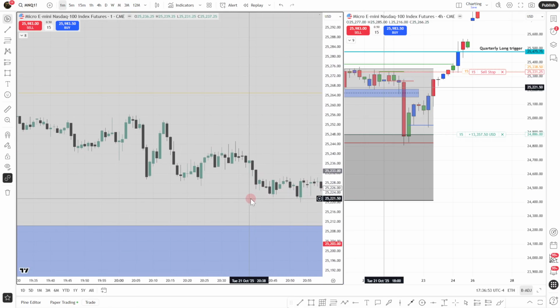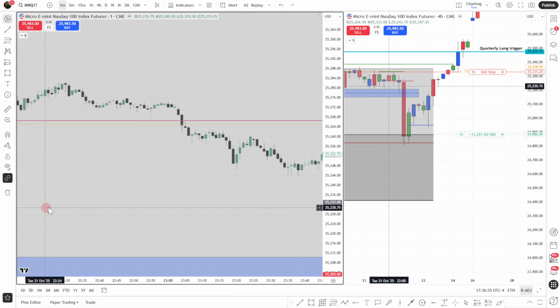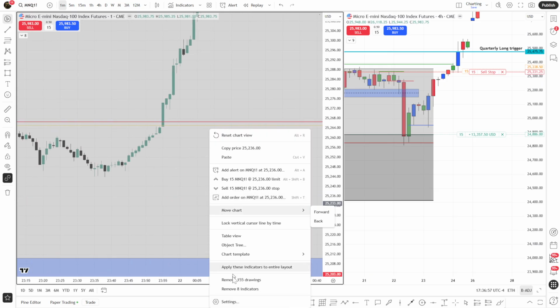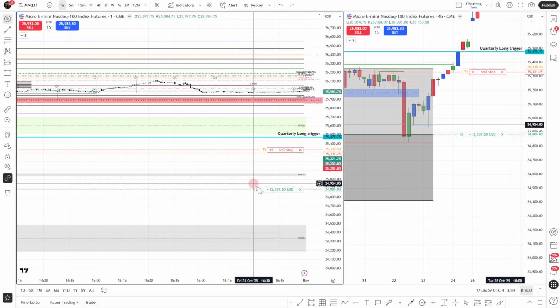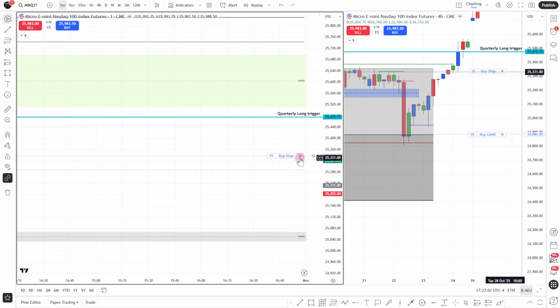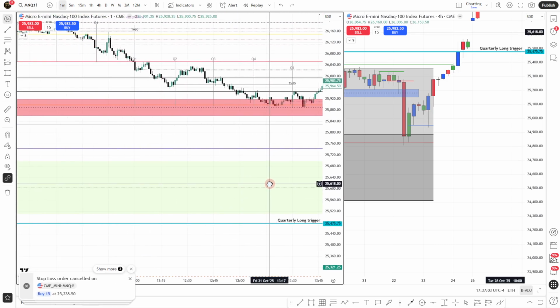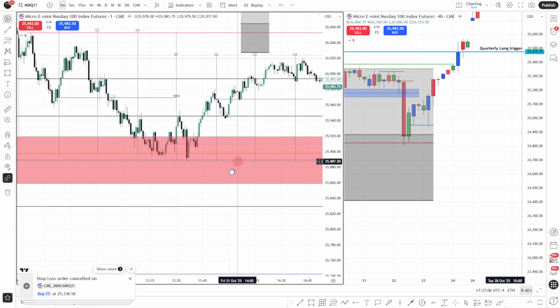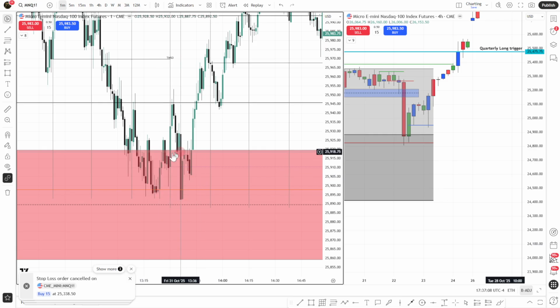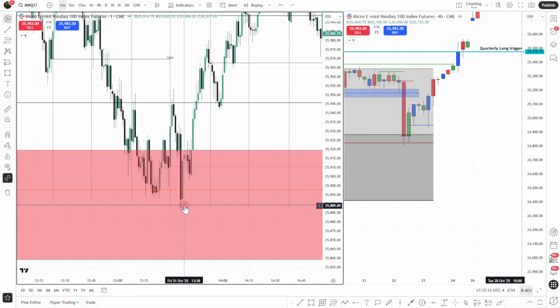So again, this was a really strong setup because we had the down close hit our 50%, same time.